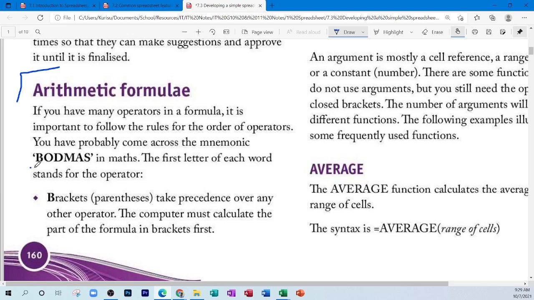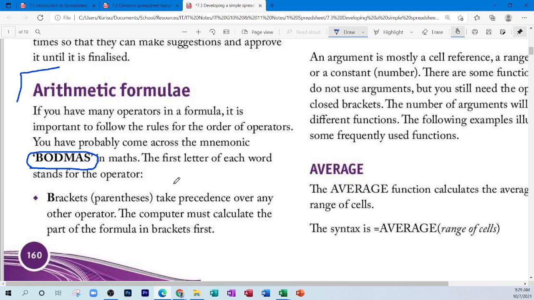So for example, I'm sure all of you know what BODMAS is. Is that correct? Is there anyone here that doesn't know what BODMAS is? So that we can send them back to primary school. Right, so all of you should know what BODMAS is.